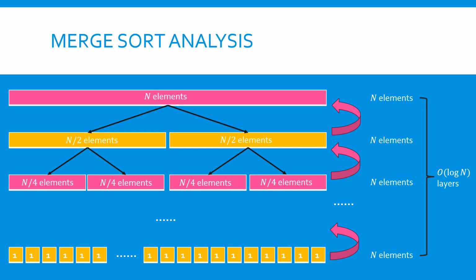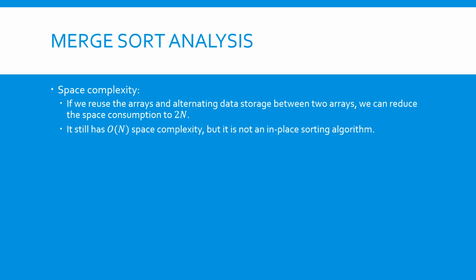And at the i+1 phase, we will take the elements stored in the orange array and output the result to the pink array. All data can be moved between the two arrays. Therefore, the space complexity of the merge sort remains O(n). However, as it uses more space than what is necessary for holding the input, the merge sort algorithm is not an in-place sorting algorithm.